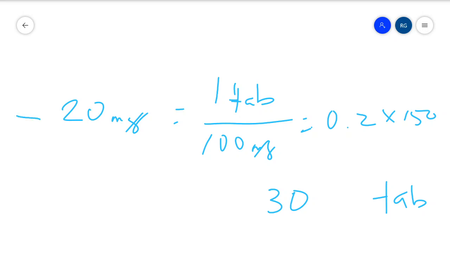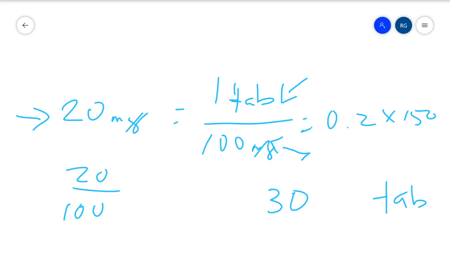We have our doctor's order, and we have what we have on hand, which gives us a setup of 20 over 100 because your milligrams cross out. That gives us 0.2, which would be 0.2 per mil. But how can you have a 0.2 tablet?